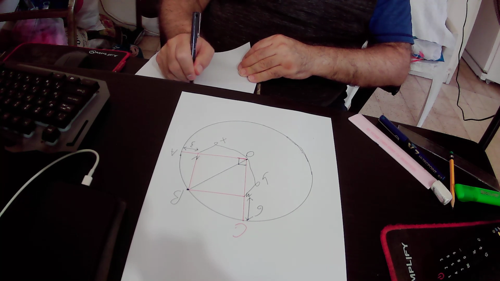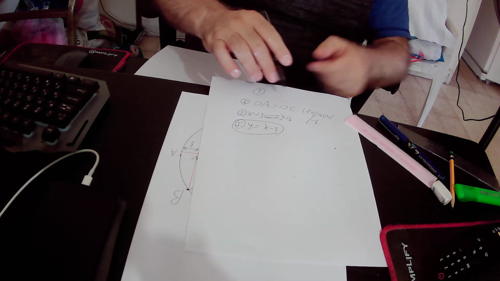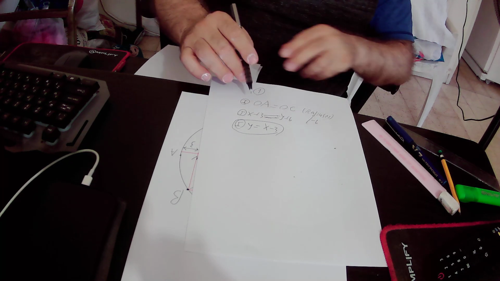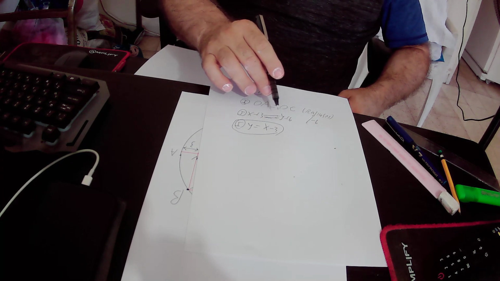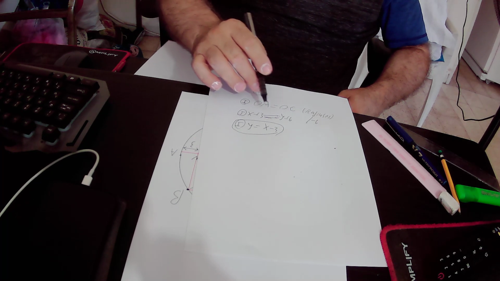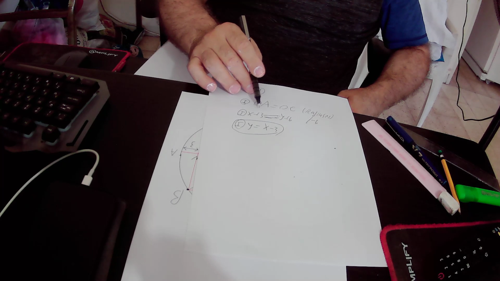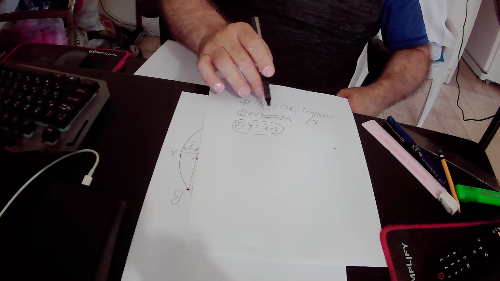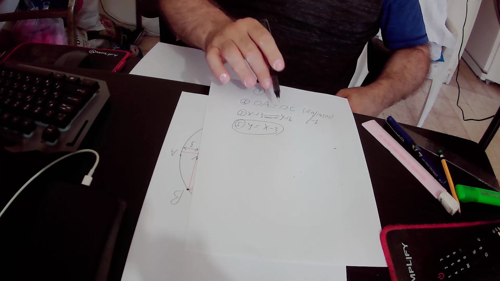Okay, again, Y plus 6 minus 6 equals Y, and X plus 3 minus 6 equals X minus 3, so we got that Y equals X minus 3.